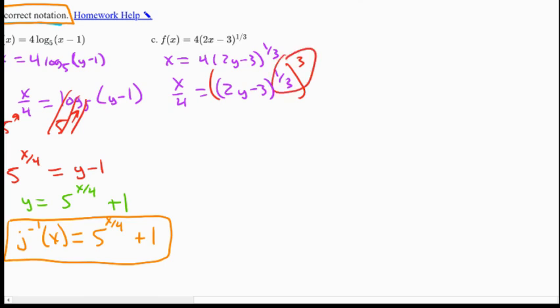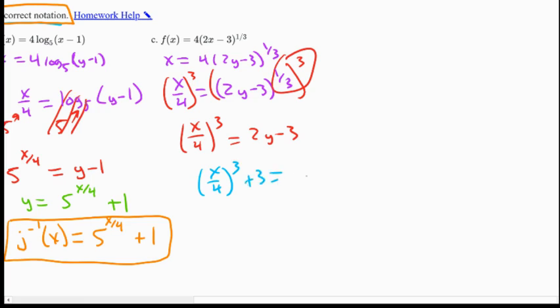And then when I multiply these, it just becomes 1. So then I have x over 4 to the power of 3 equals 2y minus 3. Add 3 to both sides. And the last step here would be to divide by 2 or multiply by 1/2. So I'll just do that.